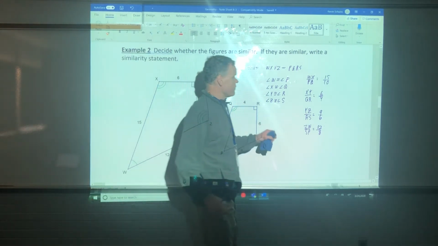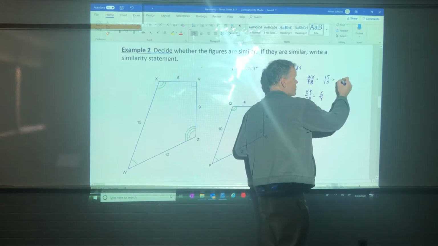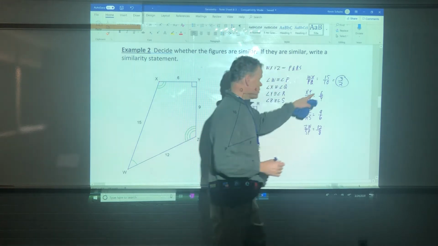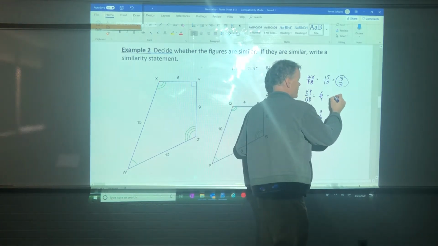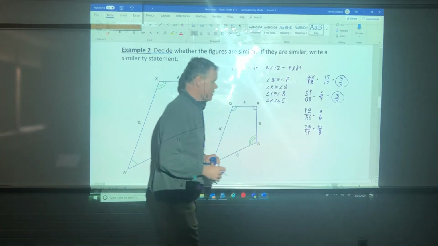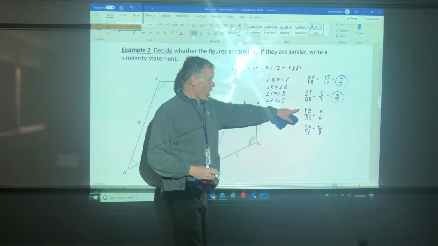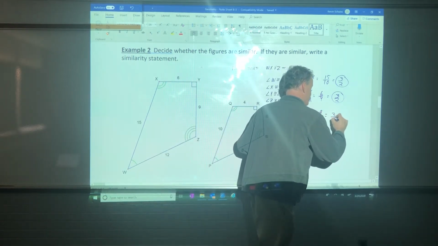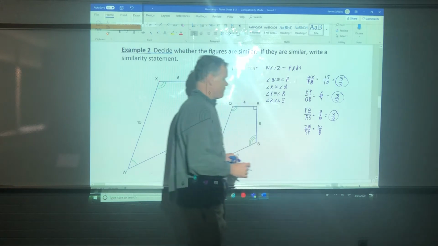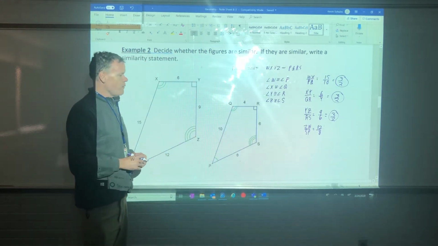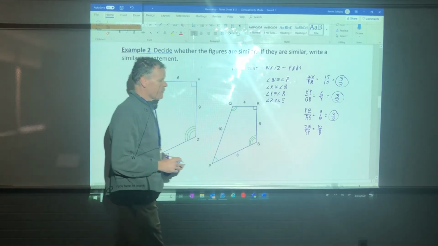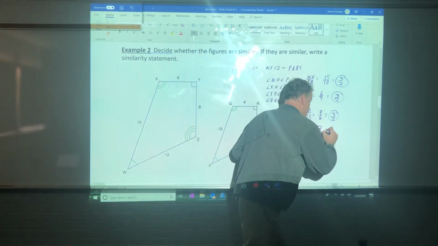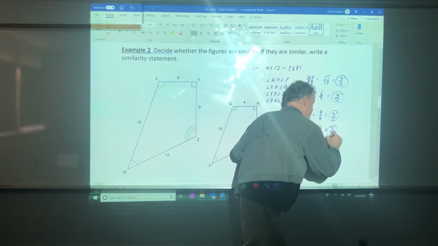We look at this: 15 over 10 reduces down to 3 over 2. 6 over 4 reduces down to 3 over 2. So far we're good, we've got the same ratio. YZ, 9 over 6 reduces down to 3 over 2. And finally, 12 over 8, 4 goes into 12 3 times, into 8 2 times, reduces down to 3 over 2.